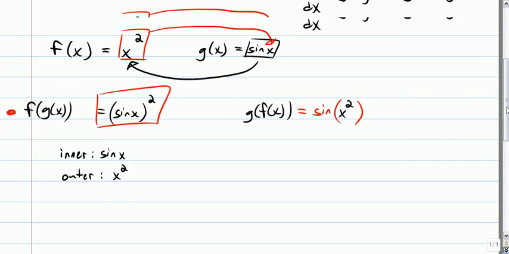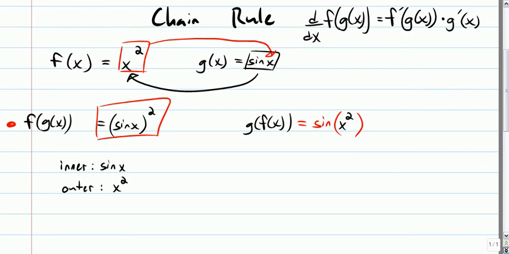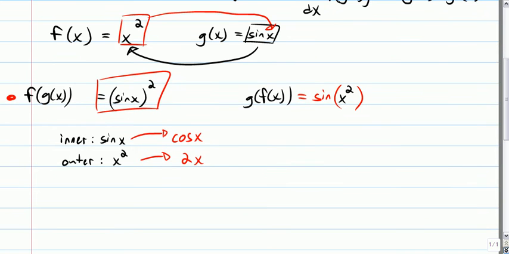Once you get your inner and your outer identified, then you're just going to apply the formula. The derivative of the inner is cosine x. The derivative of the outer is 2x. But it's the derivative of the outer evaluated at the inner. So right there for x, you need to plug in the inner function, that's sine x.